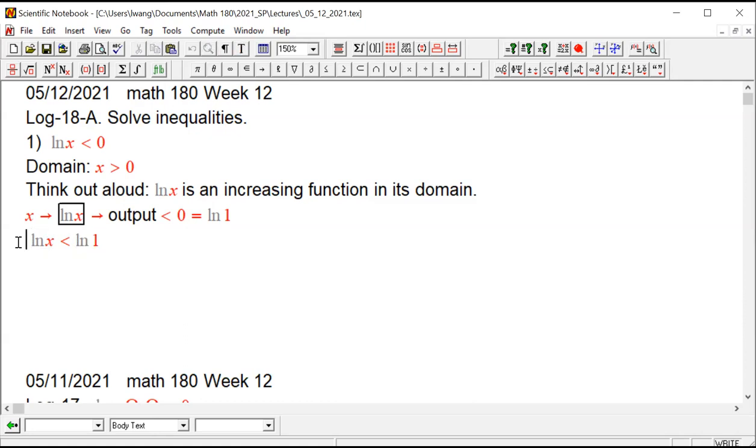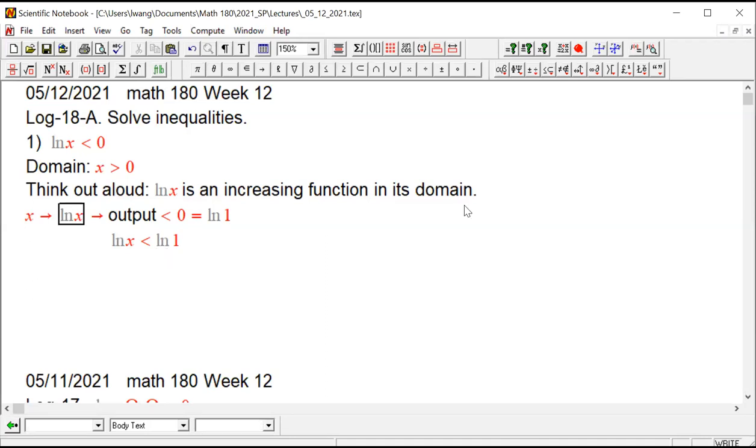These are the outputs: ln x is one output, ln 1 is another. For an increasing function, when one output is less than the other, the inputs are also in the same order.